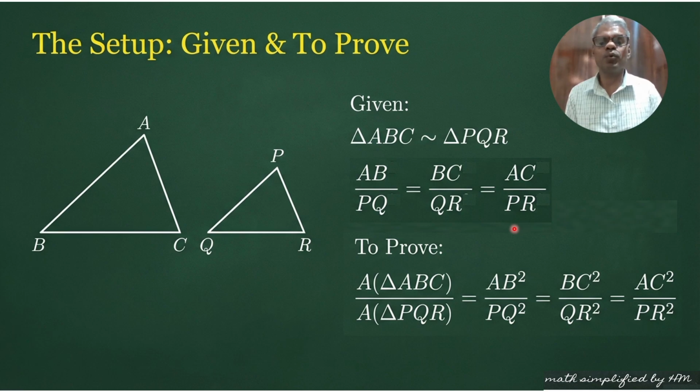And what we have to prove? Area of triangle ABC upon area of triangle PQR is equal to AB square upon PQ square is equal to BC square upon QR square is equal to AC square upon PR square.